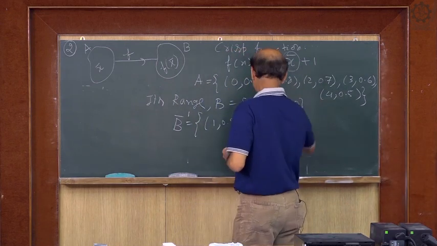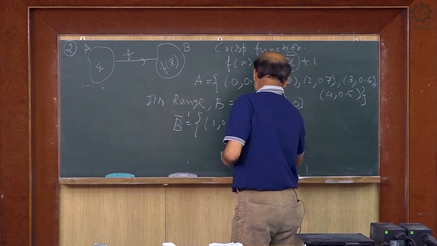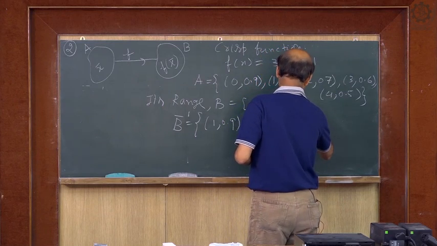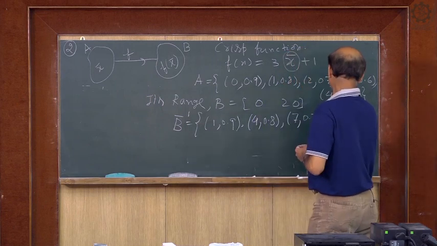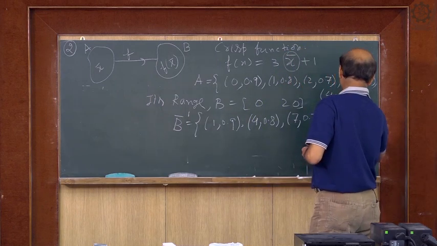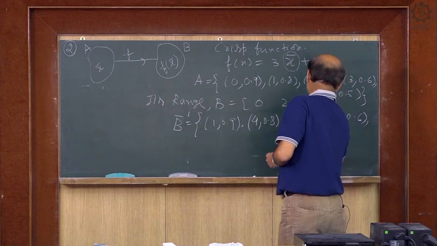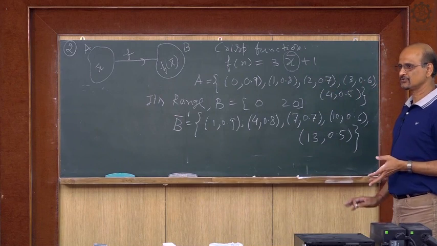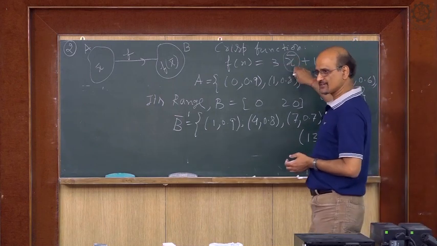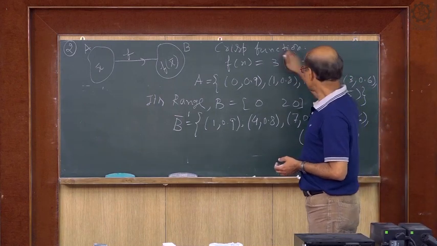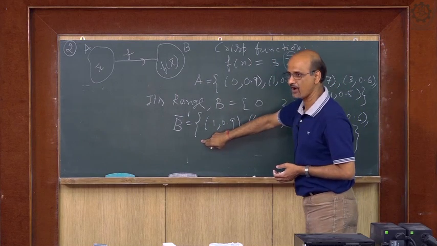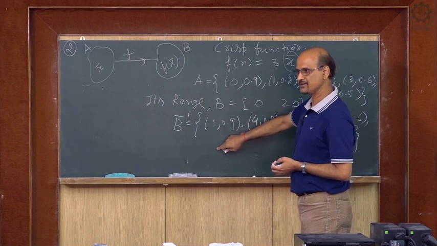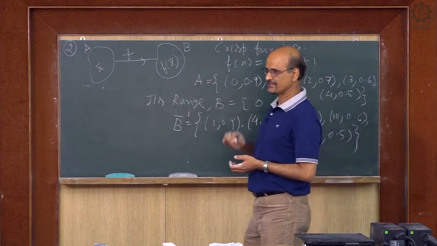Then 1 gives 4 with 0.8, then 7 with 0.7, 10 with 0.6 and 13 with 0.5. Understood? This is your ambiguous variable x bar, and we get this fuzzy set B bar using this crisp function. So this is your second type.